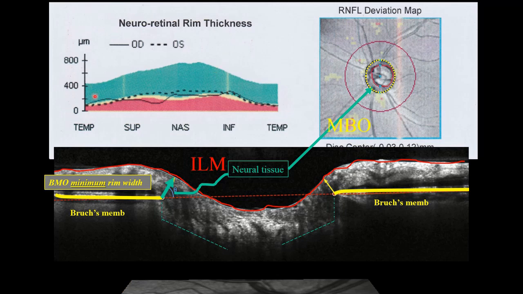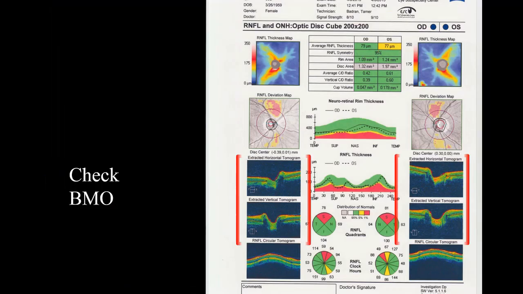It is shown here for both eyes, right and left, compared to the normal. You need to check the Bruch's membrane opening. This is vertical and this is horizontal for both eyes.